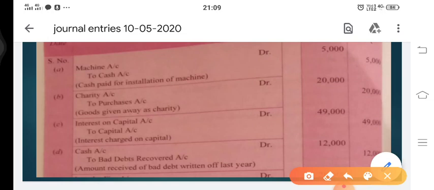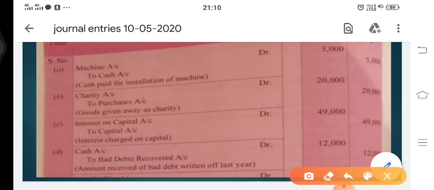For example, there was a customer to whom I have sold goods worth rupees 20,000, and I kept calling him, but he did not pick my call. So I considered that the customer is not going to return. So I thought that I'm not going to receive that money, and I decided to write it off as bad debt. That means it is the amount that cannot be recovered.